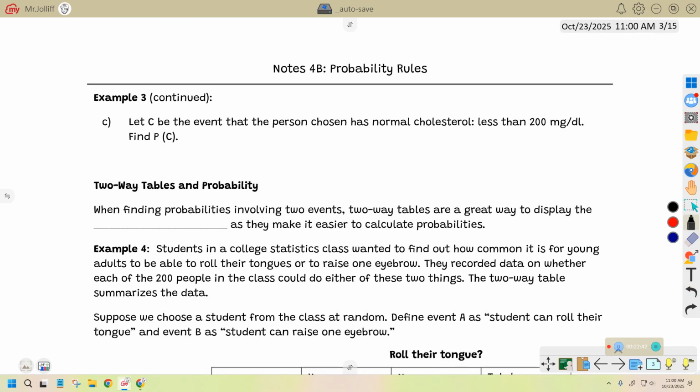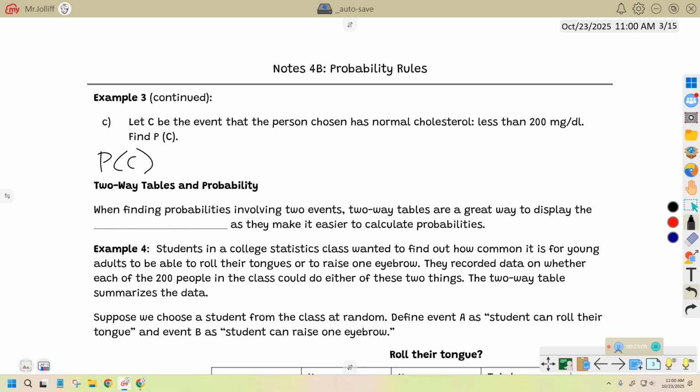C says, let C be the event that the person chosen has normal cholesterol, less than 200 milligrams per deciliter. Find P(C). Yeah, very good.